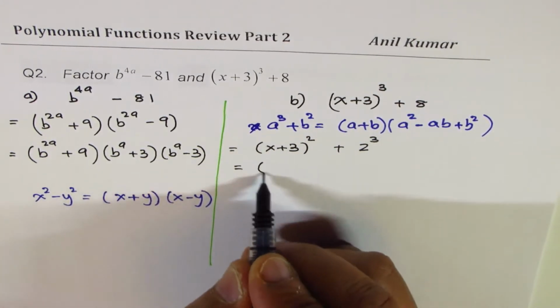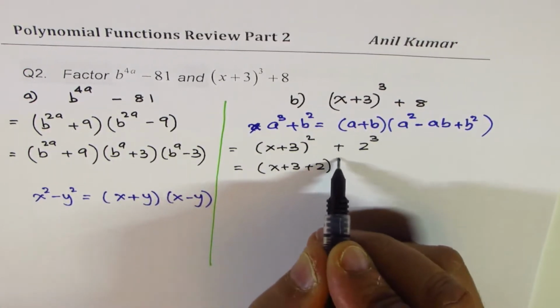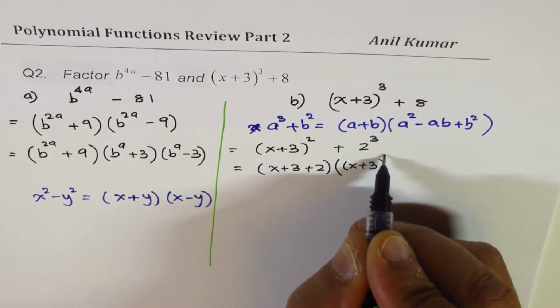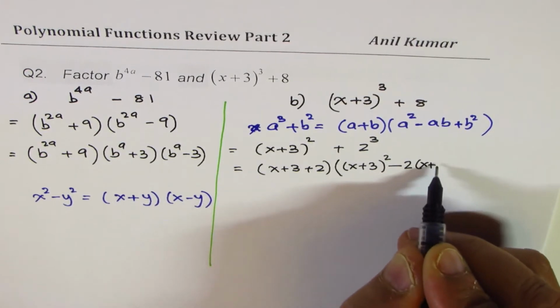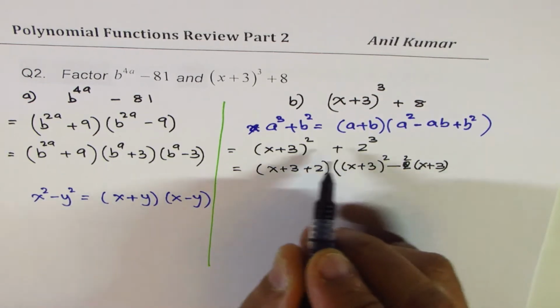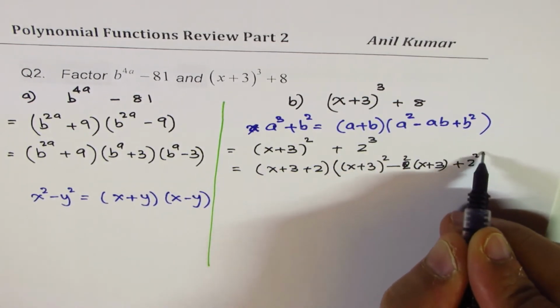So we could write this as a plus b, which is (x plus 3 plus 2) times the square of (x plus 3) minus the product of these two, that means 2 times (x plus 3), plus the square of 2, which is 4.